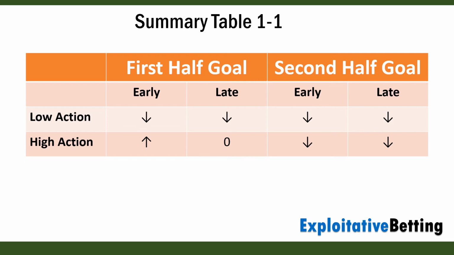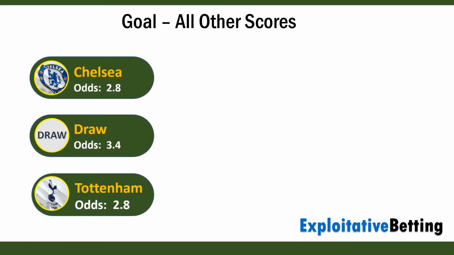So let's briefly look at all the other correct scores. The other correct scores include all score lines where one team has scored 2 goals or more. In general, all the other correct scores will drift from the start of the match if a goal is not scored.